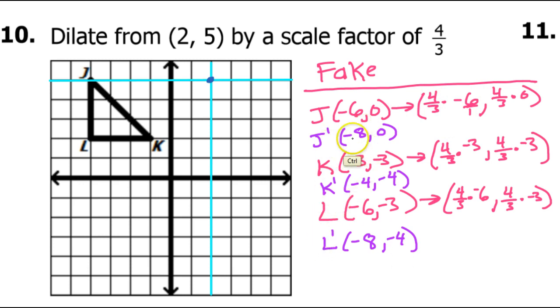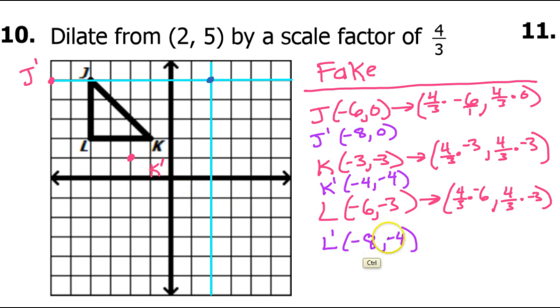Anyway, I'm going to plot these points now. Again, be careful to keep using your fake axis. So -8, comma 0 would be, let's see, counting from here, that'd be -2, 4, 6, 8. It would be right there. Alright, so this is going to be J prime, and that point is actually accurate. K prime, -4, comma -4. Again, using the fake axis. -4, -4 would be right here. Okay, so that is going to be my K prime.